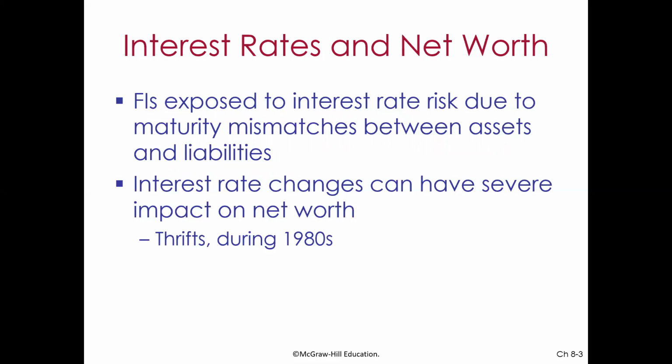Economic insolvency means the net worth or equity of their owners has been eradicated due to major shifts in interest rates. So all financial institutions tend to mismatch their balance sheet maturities to some degree, and a large movement in interest rates exposes them to interest rate risk, and sometimes that may lead to insolvency.